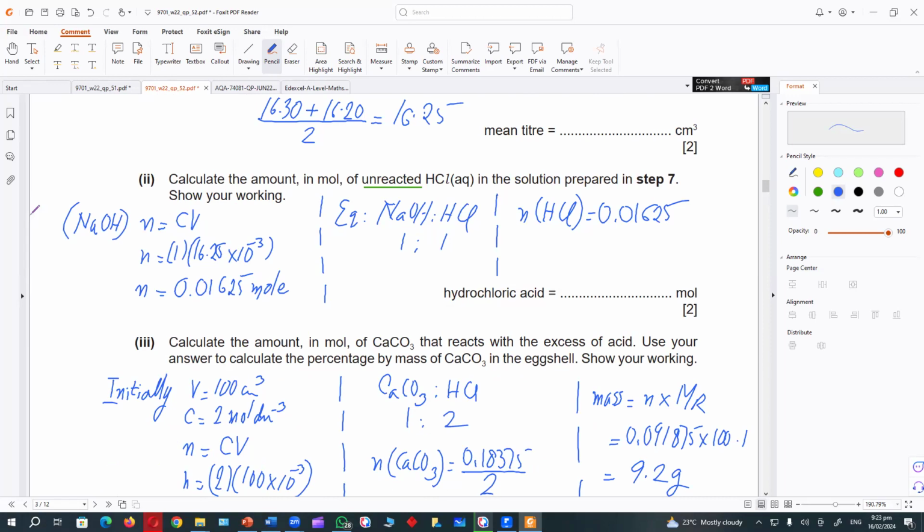This is the number of moles in actually 25 cm cube. So in 250, how much will there be? This is the mistake. This is in 25 cm cube. This is the sample reactant. Our HCl was originally 250 cm cube. So we have to find the moles in 250 now. Okay. This is the mistake.